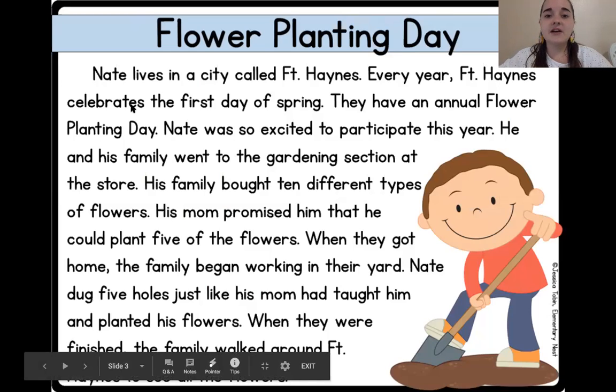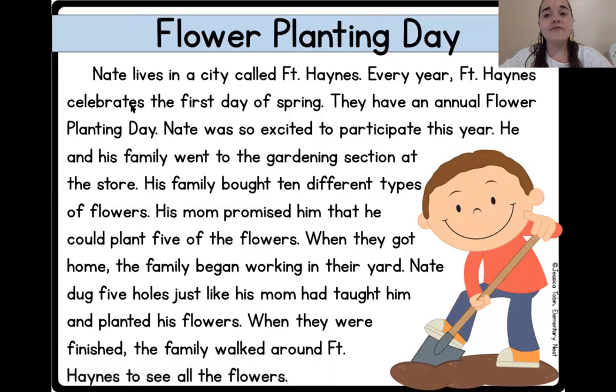Nate lives in a city called Fort Hays. Every year, Fort Hays celebrates the first day of spring. They have an annual flower planting day. Nate was so excited to participate this year. He and his family went to the gardening section at the store. His family bought 10 different types of flowers.